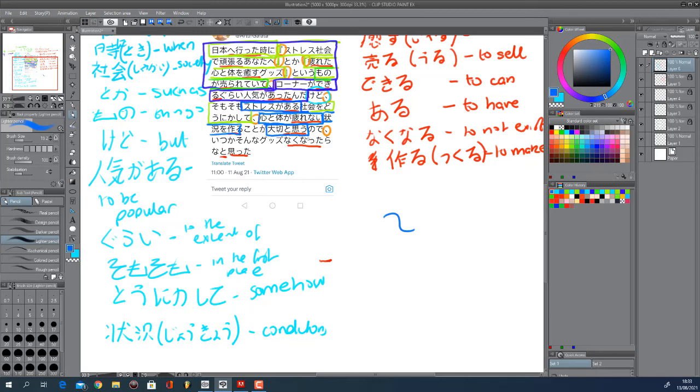So this whole thing could be a complete clause because we end with a verb. It's not a complete clause because we have the node, which means, in this case, because. So I'll just try and go over that in a bit.